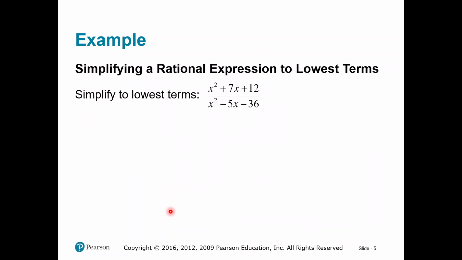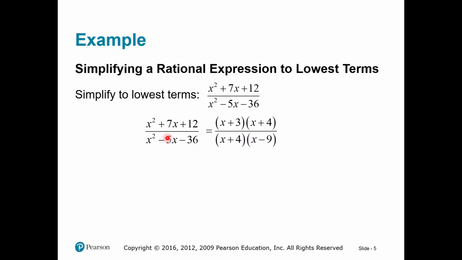Now, what about this one? I have x squared plus 7x plus 12 over x squared minus 5x minus 36. First, let's factor. So x squared plus 7x plus 12 factors to be x plus 3 times x plus 4.